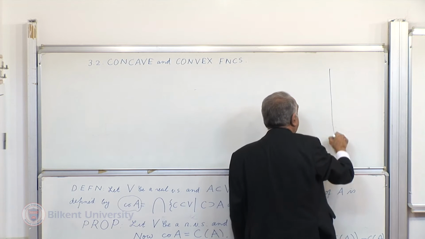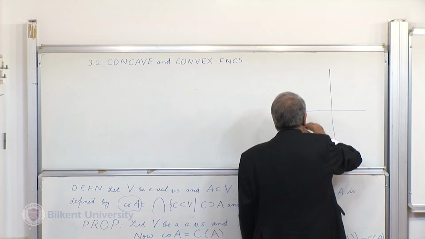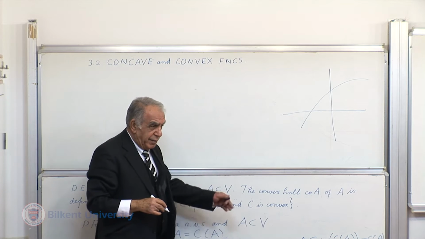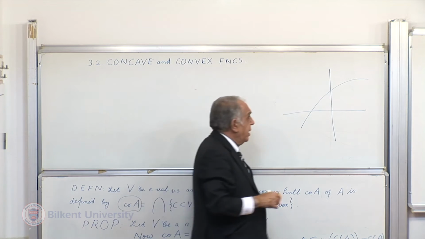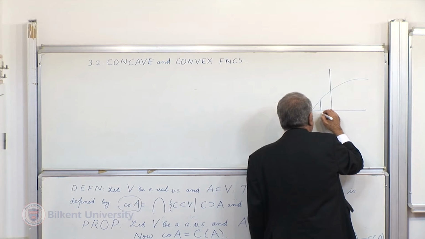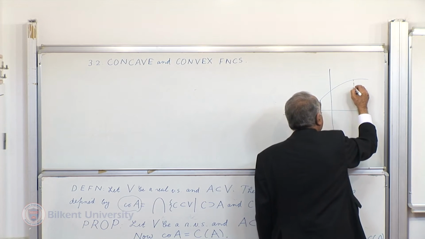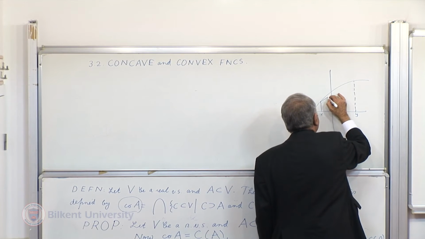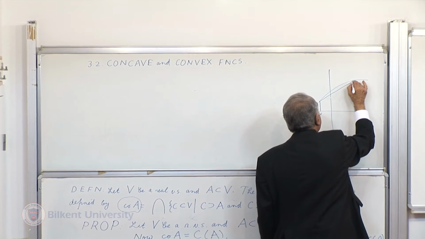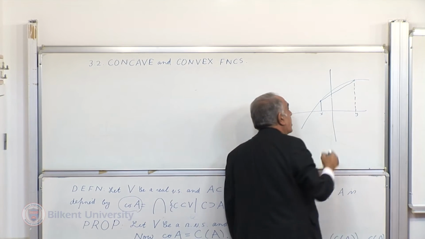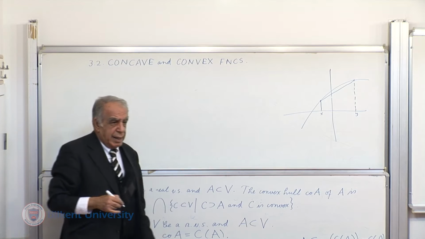Now, this is a typical concave function from R to R, and if this is X, this is Y, we formed, taking these 2 points on the graph, the secant line.